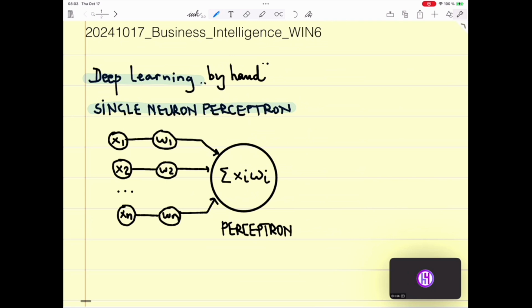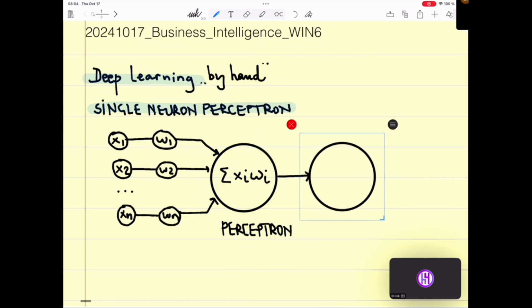And then we go and create another computational unit, which is called the activation function. And then we measure the output.